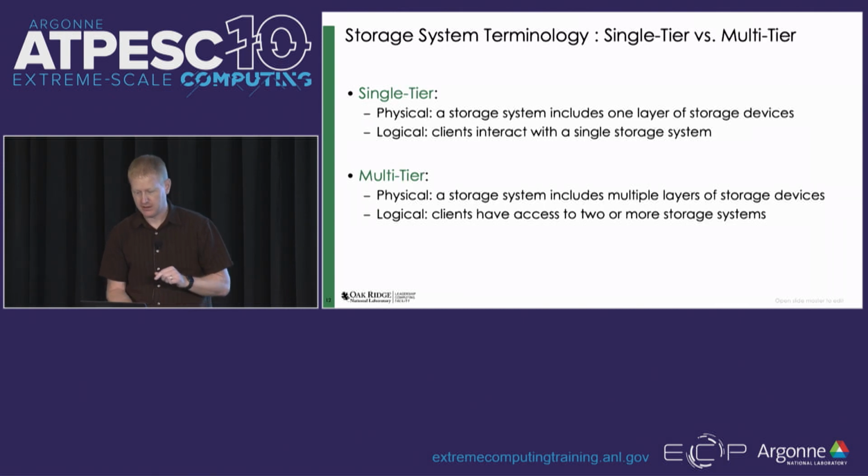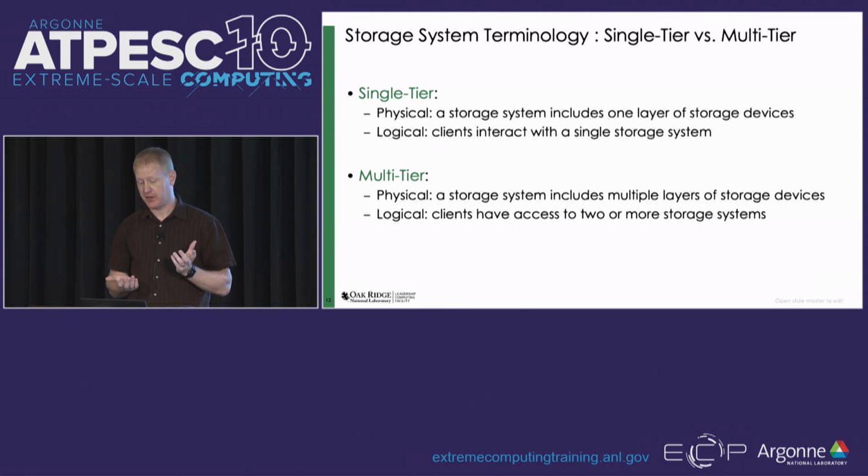And finally, single tier versus multi-tier. This is another one where point of view matters. In a physical system, a single tier storage system has essentially one set of storage devices. A multi-tier system in physical terms means the storage system itself incorporates multiple types of devices, organized in a hierarchy or a layered architecture where different tiers provide different performance.